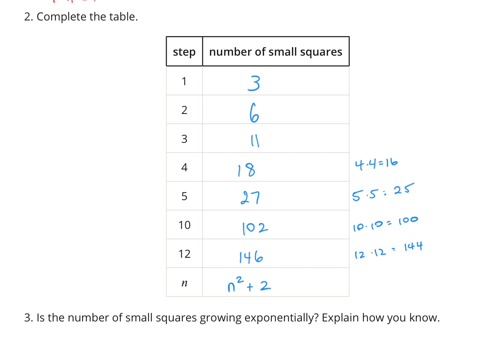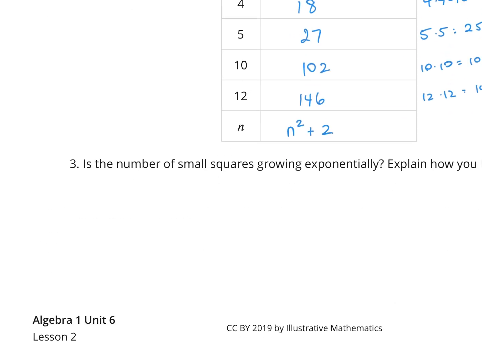So for example, when I do 6 divided by 3, I get 2, but 11 divided by 6 is approximately 1.8. So right away, we can see that the growth factors are different. So it can't be exponential.